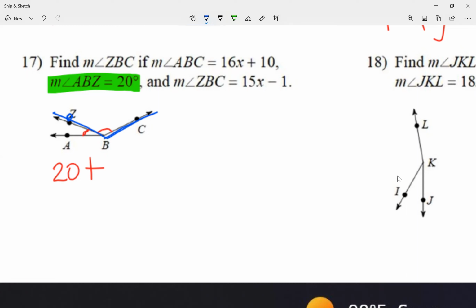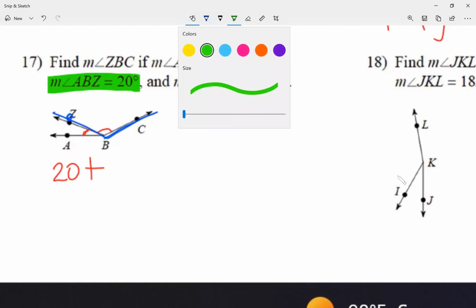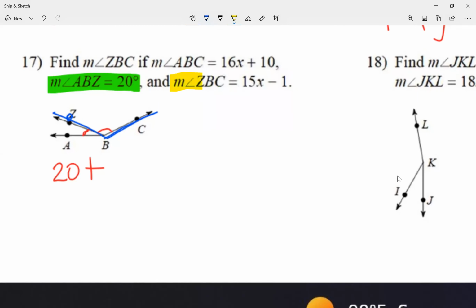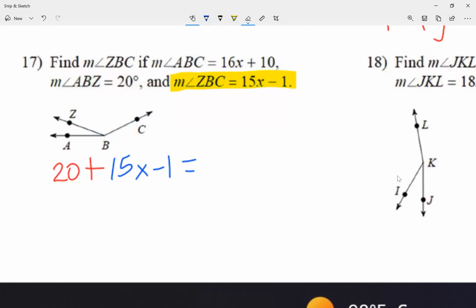And it happens to be, I'm going to use yellow for that, 15x minus 1. So I added the two small angles.